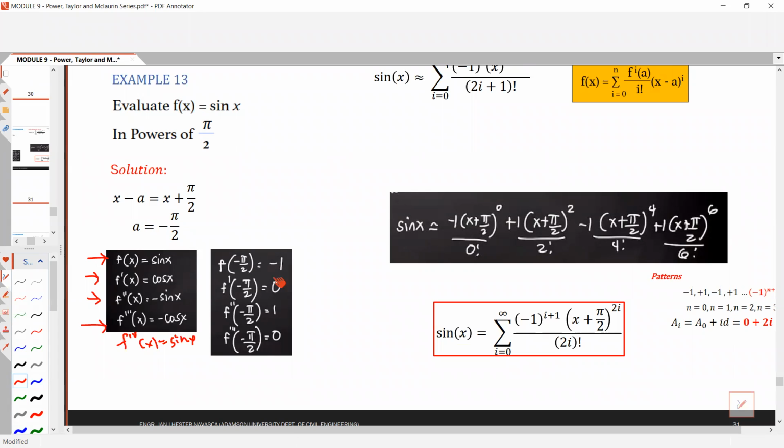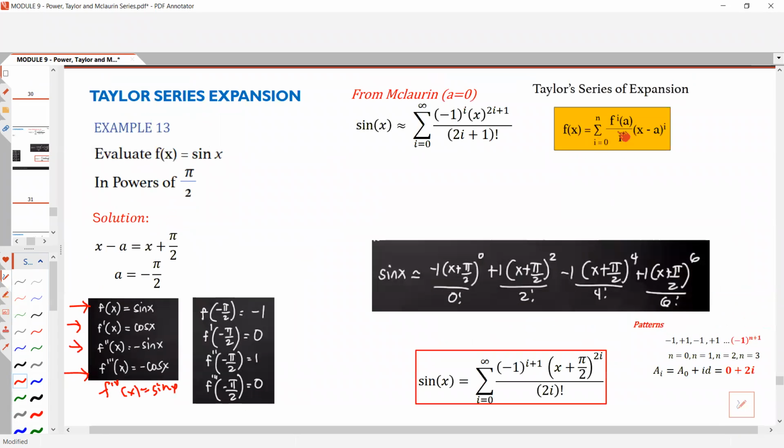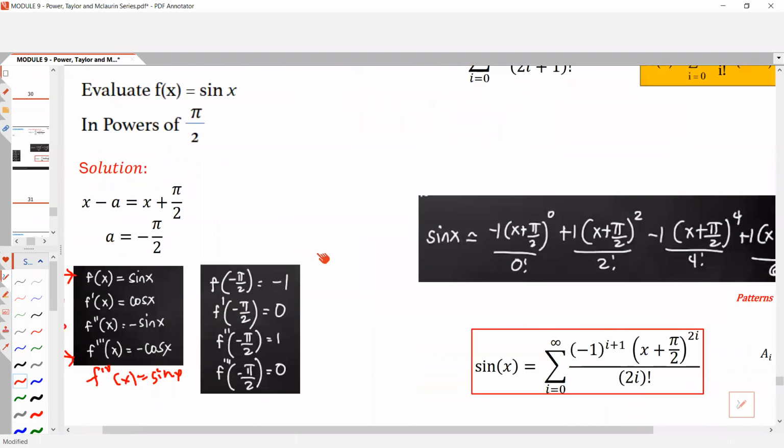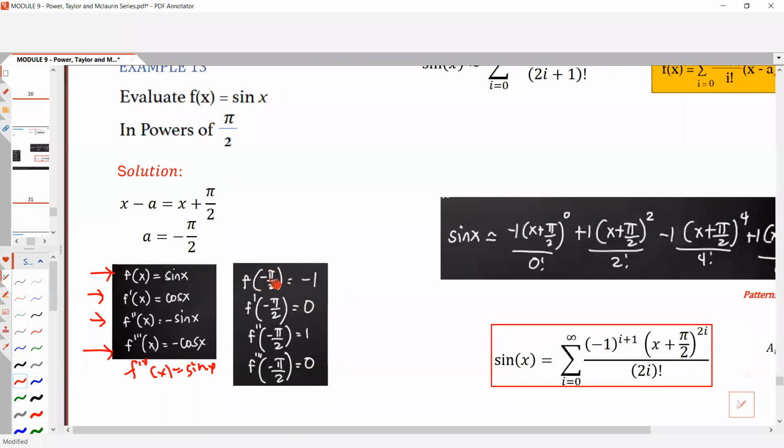So, according to the expansion, substitute mo yung value of a since f prime of a, di ba? Substitute mo yung value of a. So that is negative pi over 2, negative pi over 2, negative pi over 2, negative pi over 2. So the pattern will be negative 1, 0, 1, 0. So nandiyan negative 1 again.